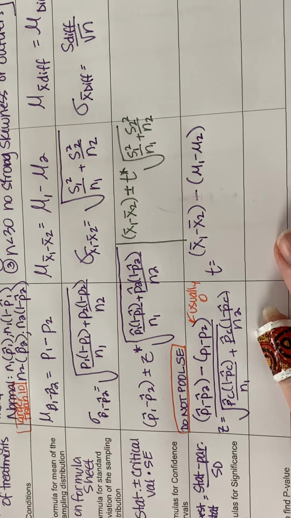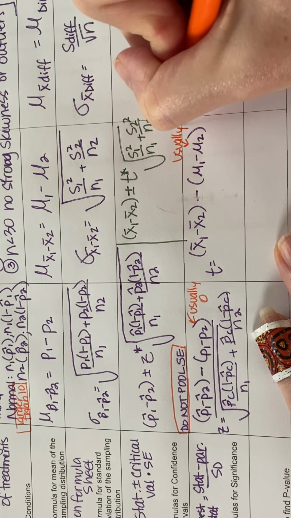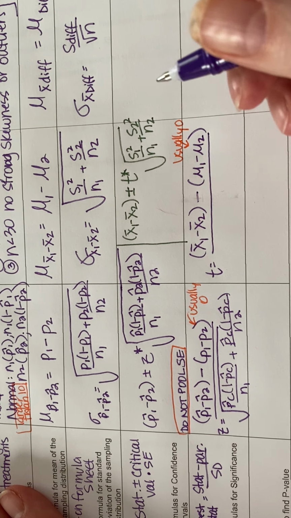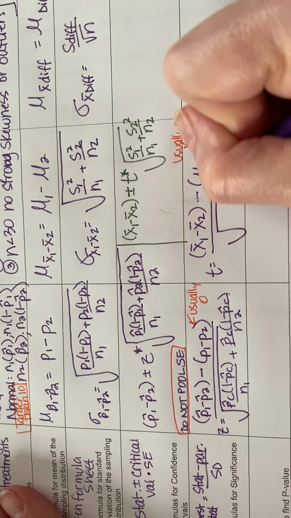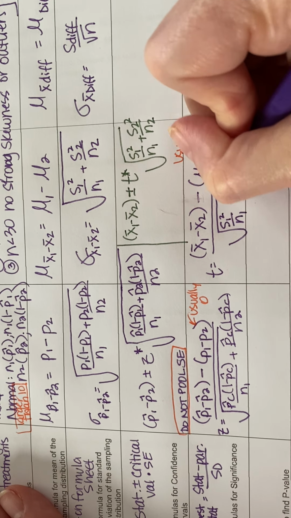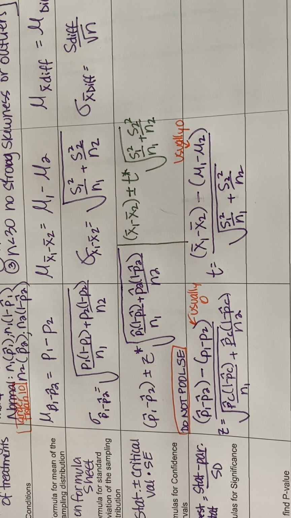Again, this number is usually 0, but it doesn't have to be. Divided by the standard deviation, which is s1 squared over n1 plus s2 squared over n2, and that is all under the square root symbol.